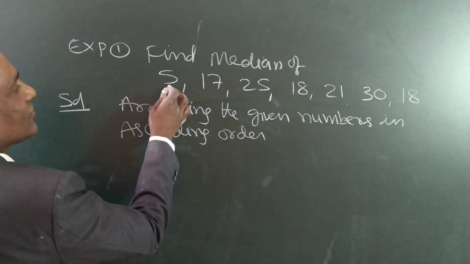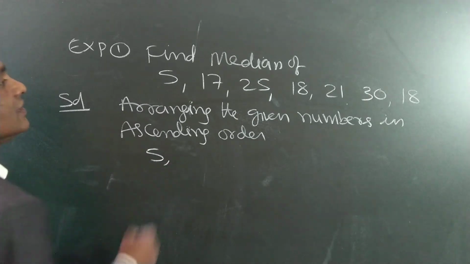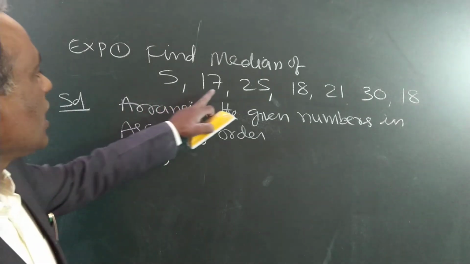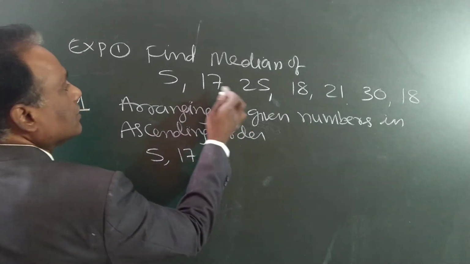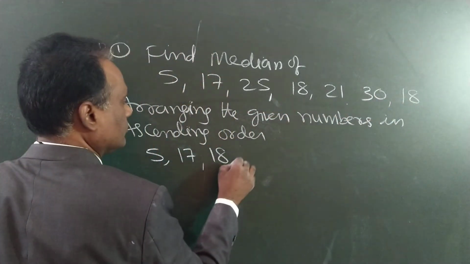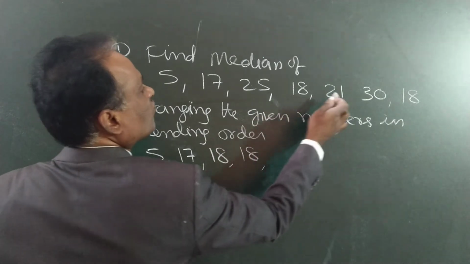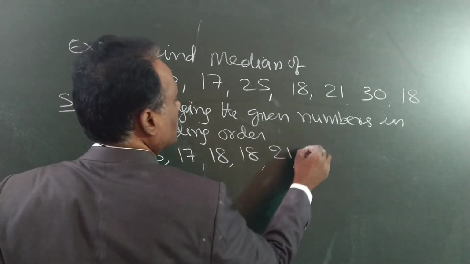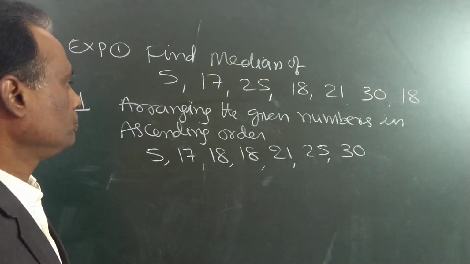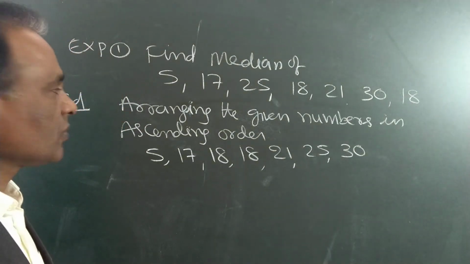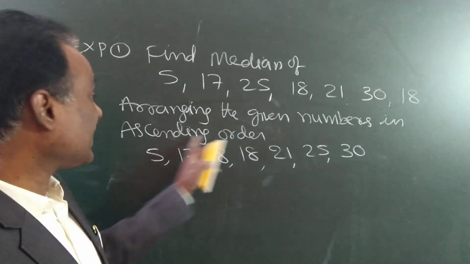Ascending order is smallest to greatest. 5, 17, 18, 18, 21, 25, 30. Smallest to greatest, ascending order.